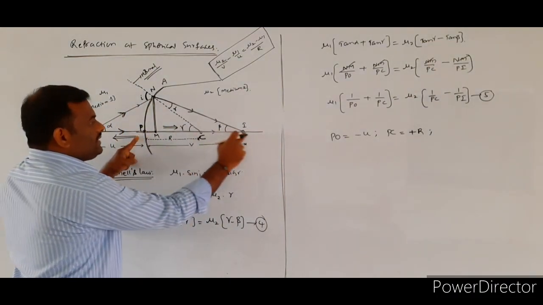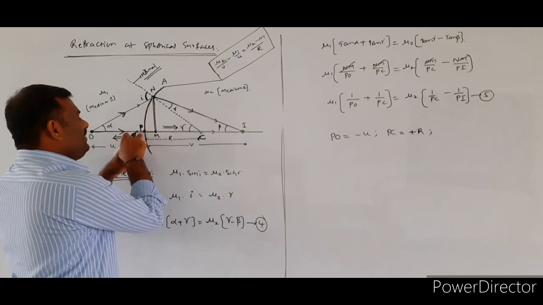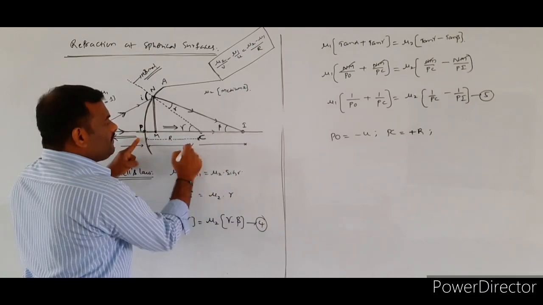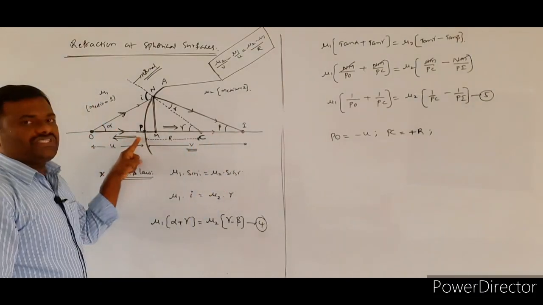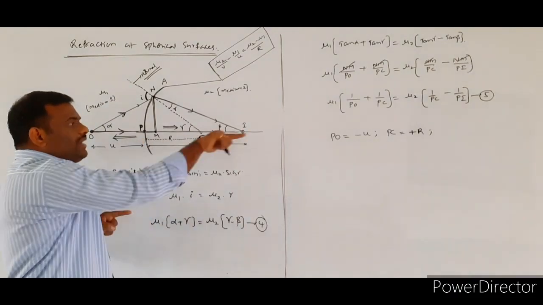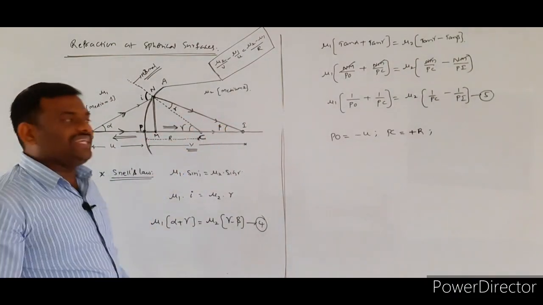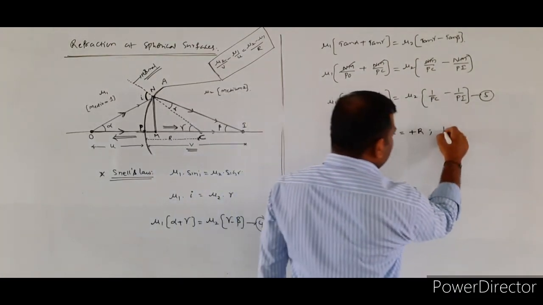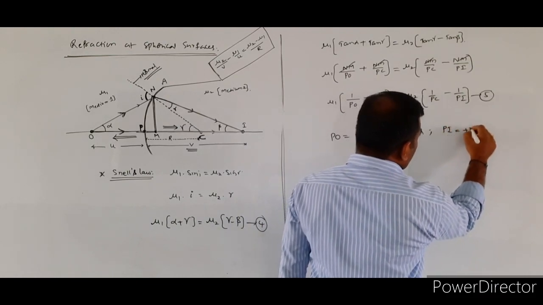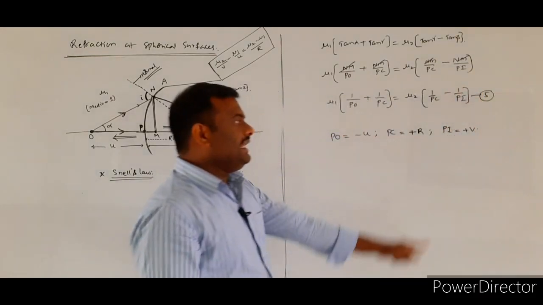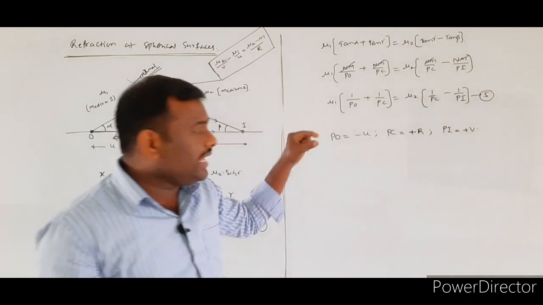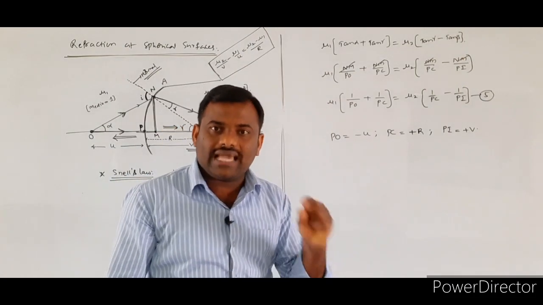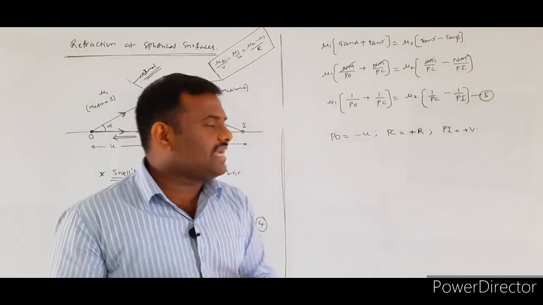P to I is the distance of separation between the pole and the image, which is nothing but the image distance. This is also measured in the direction of the incident light, so the PI value becomes plus v. It is very important to take the distances according to the sign conventions.